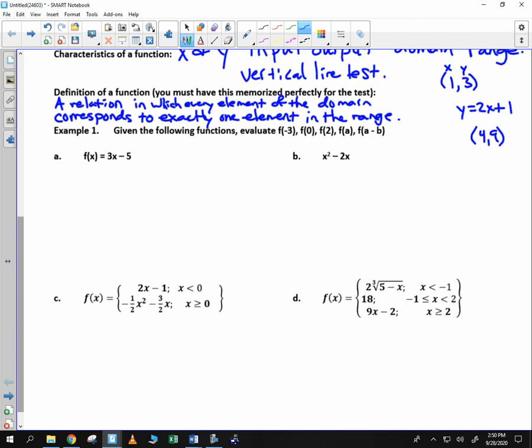So with functions, you can trust that given one input, you get one output.